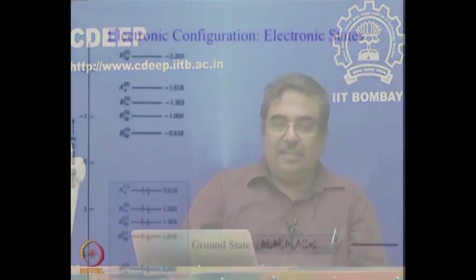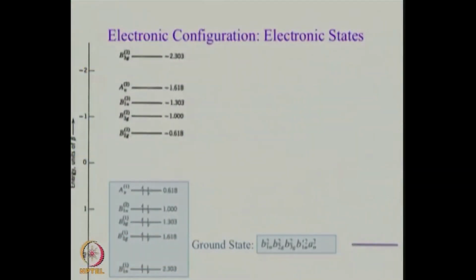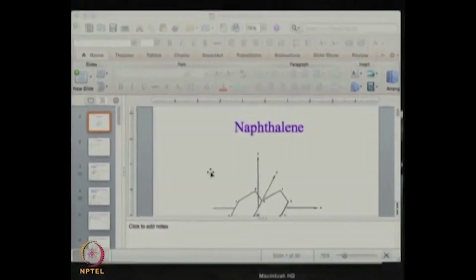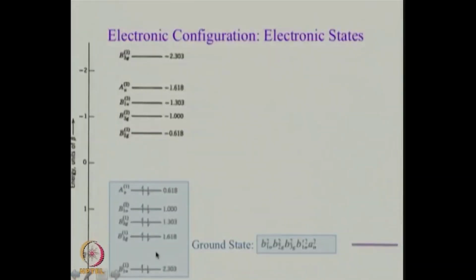To do that, first of all, we talk about symmetries of states, which has been discussed earlier. Let us see if we can determine the symmetries of the ground state and the first few excited states. What is the ground state? Look at this configuration. You have these 5 bonding molecular orbitals, all of which are completely filled. So, how do you name the state if all occupied orbitals are doubly occupied?